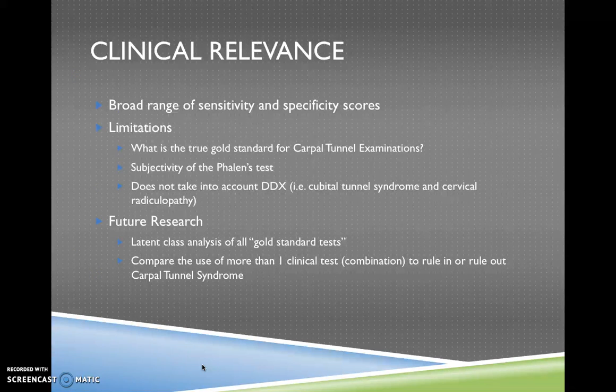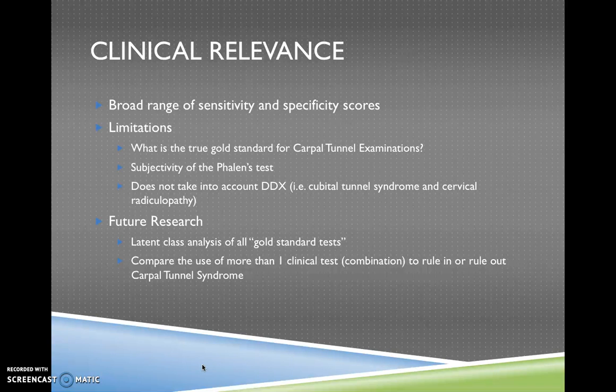In summary, there is a broad range of sensitivity and specificity scores for this test. Some limitations I acknowledge are that there seems to be some confusion as to what the gold standard for carpal tunnel syndrome examinations is. There's also a high level of subjectivity in the Phalen's Test.